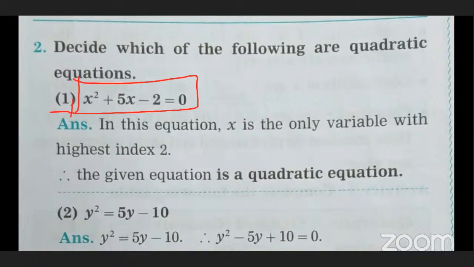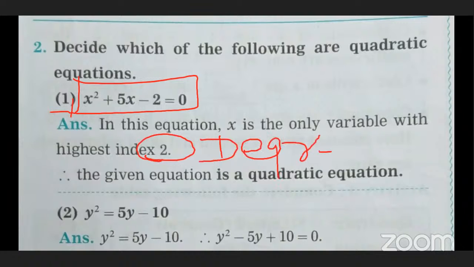In a quadratic equation, x is the only variable with the highest index 2. The given equation is quadratic because the index is 2, index is degree. Degree is 2, so it is a quadratic equation.